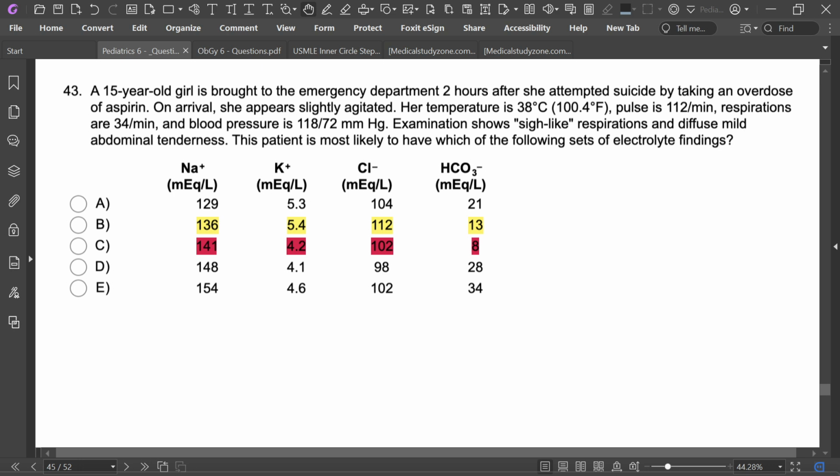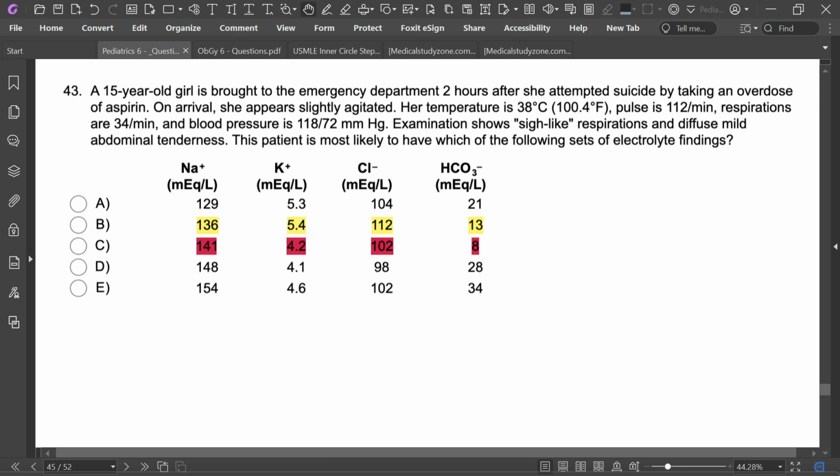Overdose of aspirin or salicylate. So what do we say? Respiratory alkalosis and metabolic acidosis. Okay.